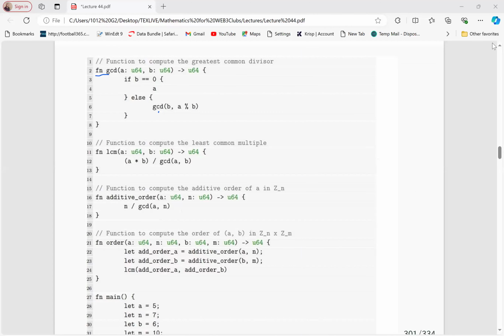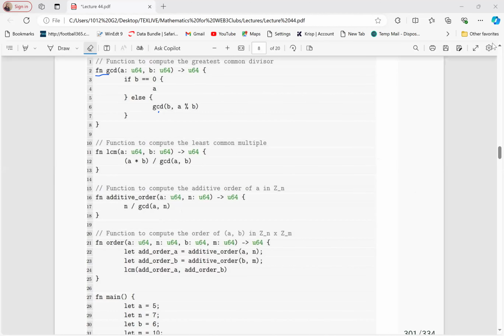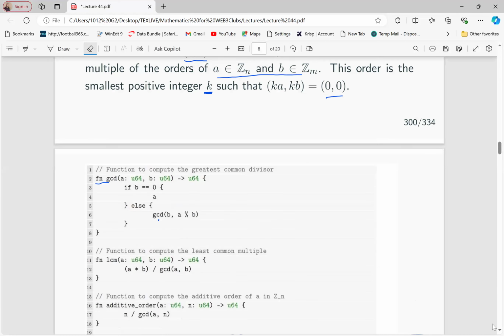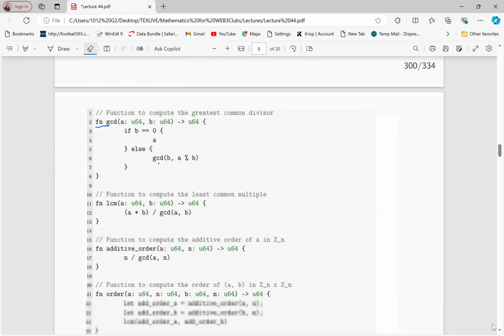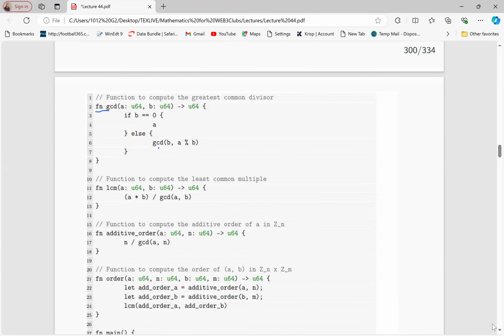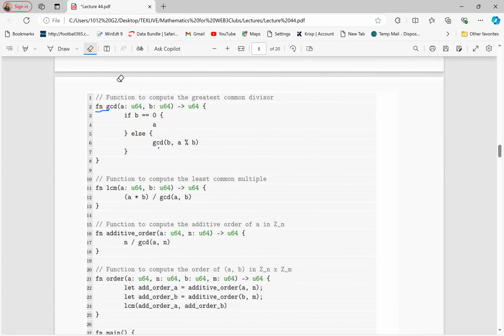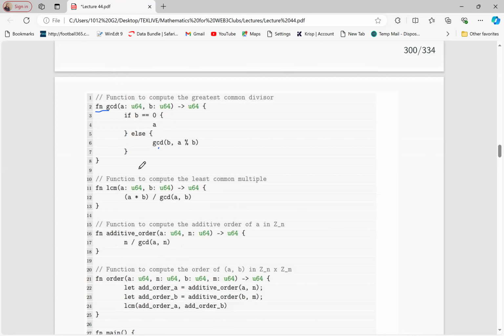Now, I'd already explained how this code will work, but then I have formal notes for the explanation. Of course, you know how the GCD is calculated using this code. The GCD, what does it say here?